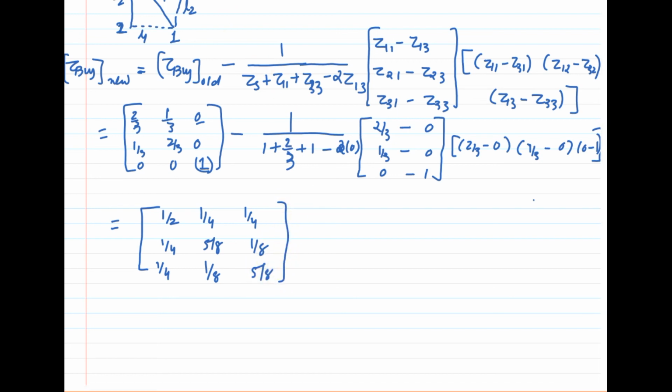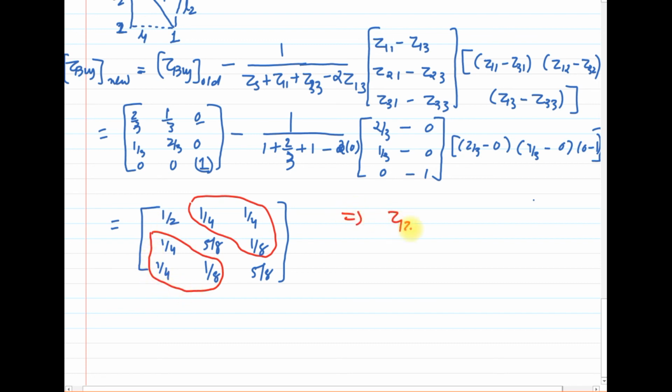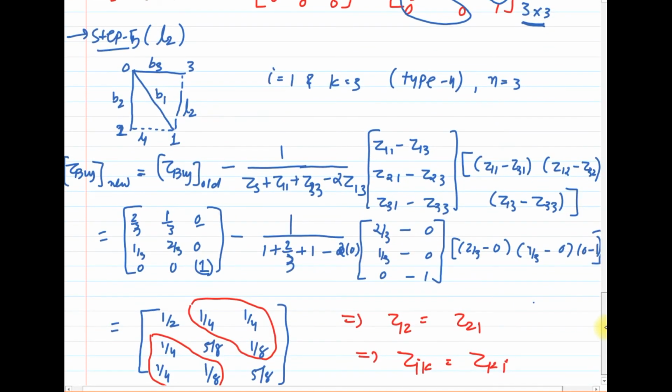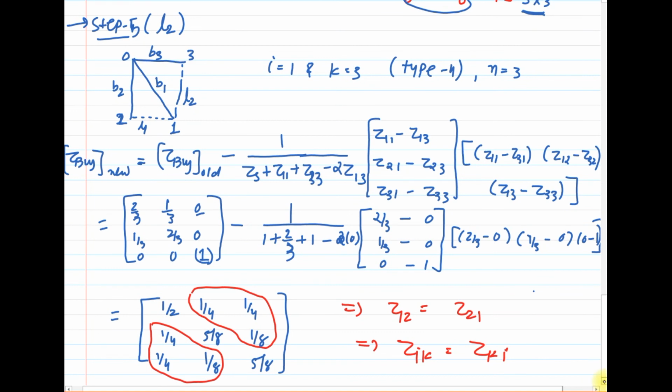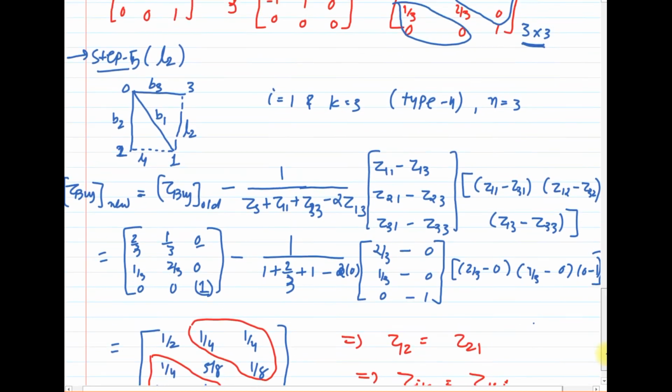So you can see it is a symmetric matrix where the off diagonal elements remain the same, or I can say Z12 is equal to Z21, or in general form I can write Zik is equal to Zki. Okay, so this is how we have to calculate or formulate the Z-bus matrix for a given network. I hope you have cleared up to this.